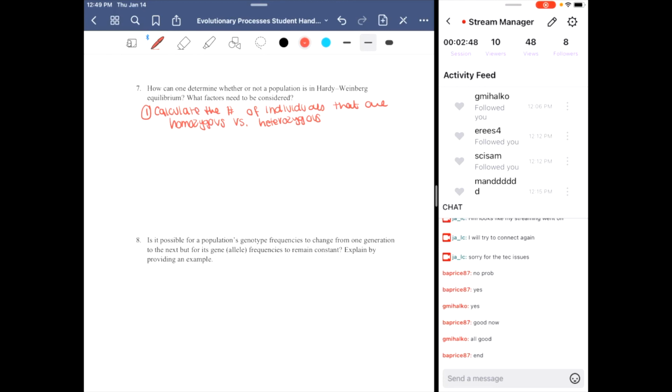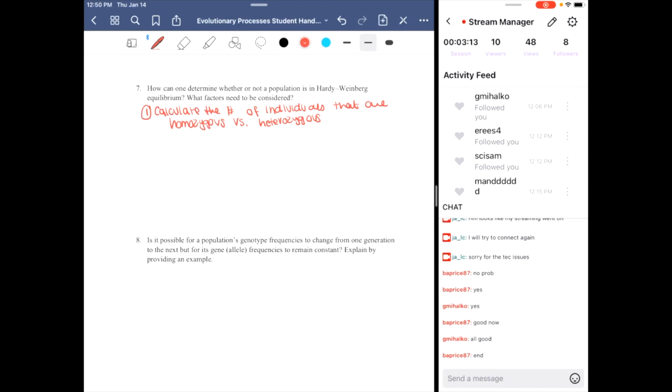And if you know the frequencies of each genotype, you can also calculate the allele frequency, like we did in the last problem. With the allele frequency, we can calculate the genotype frequency that would be expected in a population if it were Hardy-Weinberg. And then we can compare these values to the values in the population.